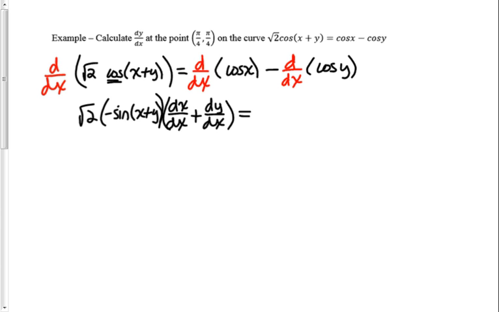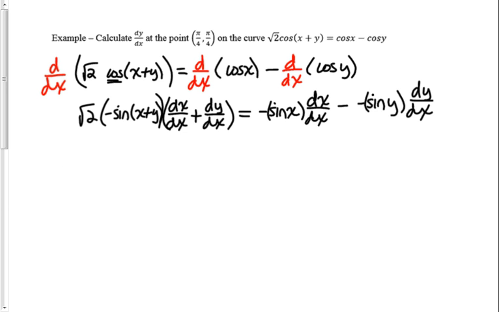Moving on, I now have the derivative of cosine of x. The derivative of cosine is negative sine of x, and again I need to multiply by the derivative of the inside, dx dx. That one doesn't have to be written down. I find it helpful. Minus the derivative with respect to x of cosine y, which is negative sine of y, times the derivative of the inside, which is dy dx. So I'm going to go ahead now and simplify anything I can, move my negatives somewhere helpful, and change my dx dx into a 1 each time.